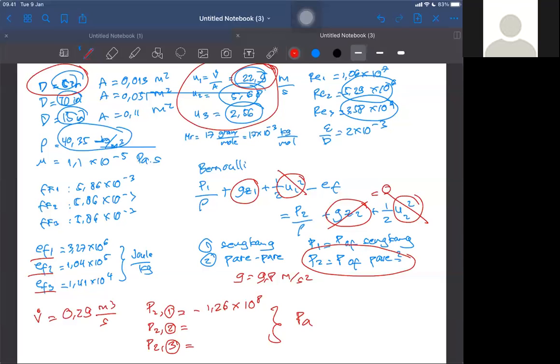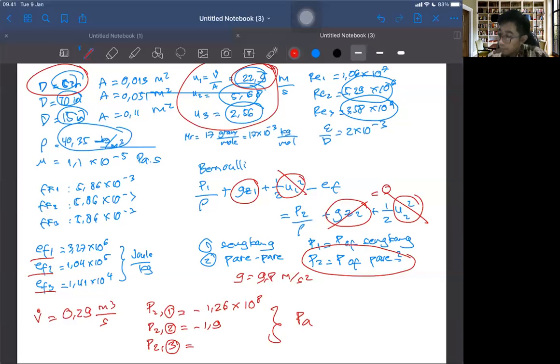Sir, for number 2, I got 1.9 times minus 10 to the 6. Okay, minus, is it? Not minus, sir. For the second one, it isn't minus.